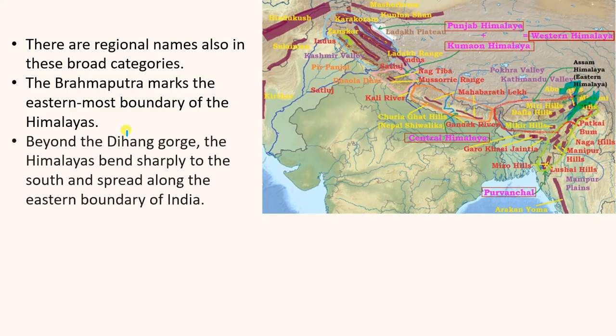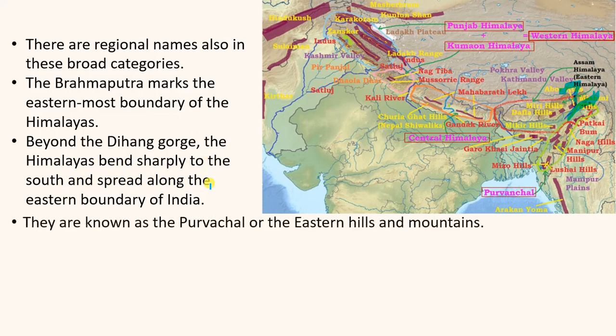Beyond the Dihang Gorge, the Himalaya bend sharply to the south and spread along the eastern boundary of India. They are known as Purvanchal.